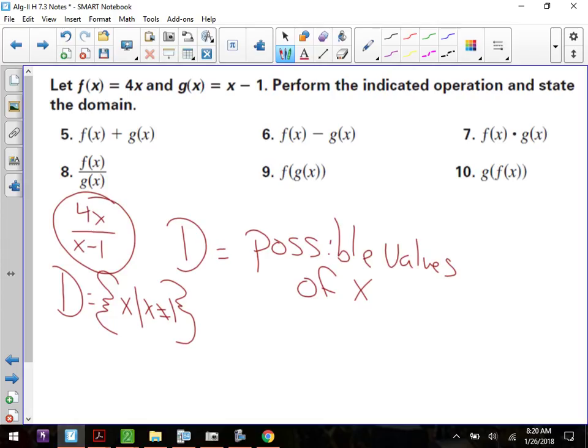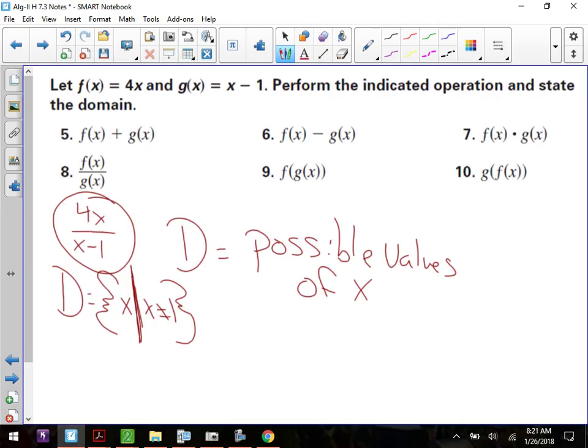Did you see the problem on there? Oh no, this bar means such that.